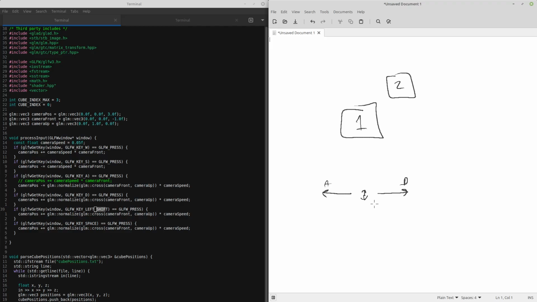This is along the z-axis. What we'd want for up and down should probably be something related to the up vector, right?